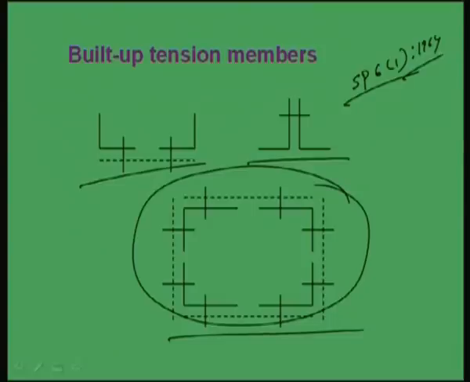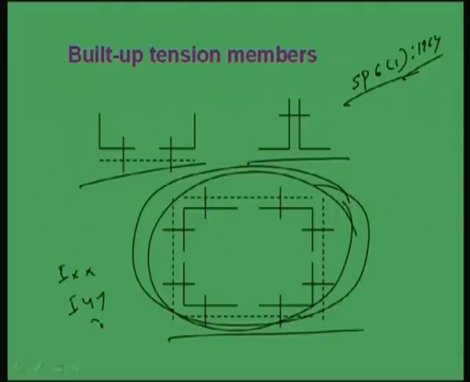Suppose if it is like this, then we have to find out what is the Ixx value, what is the Iyy value, then rxx, ryy, and r minimum, and other details have to be found out, which is tedious. Then again, in case of tension member design we have seen that it is an iterative process.